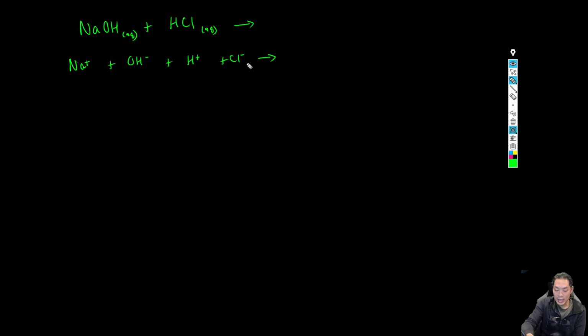Well, sodium and chlorine are pretty happy as ions. They're just going to be. But OH minus and H plus are very, very unhappy. This is what makes a base a base, and this is what makes an acid an acid. Because it's so unhappy at being H plus, it's going to try to find either an electron or a partner to pair up with.